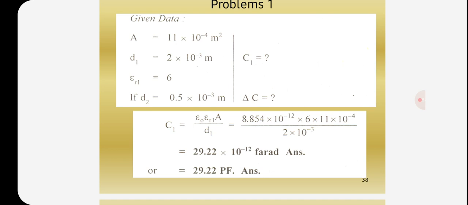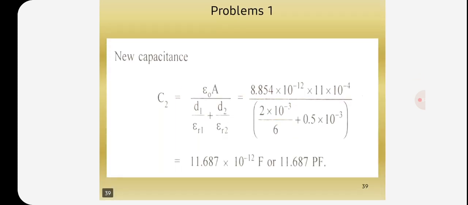So after calculation of this one, we will get 29.22 into 10 to the power of minus 12 farad, that is equal to 29.22 picofarad. This is the answer for capacitance.